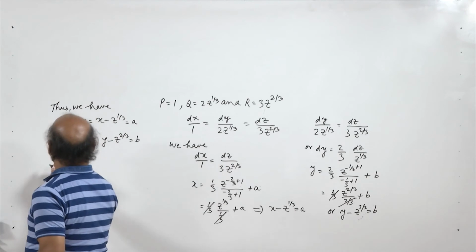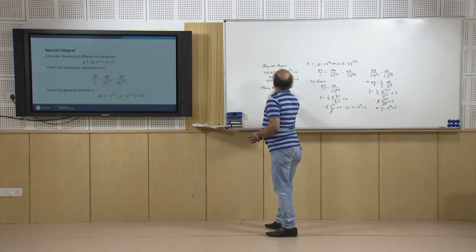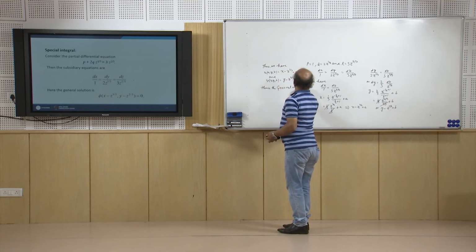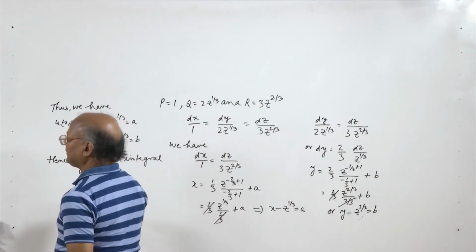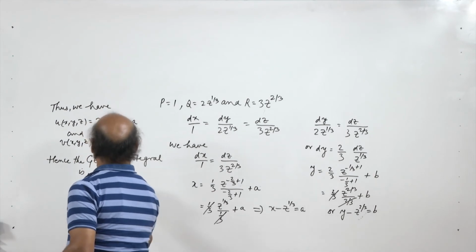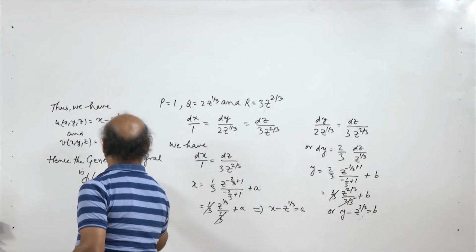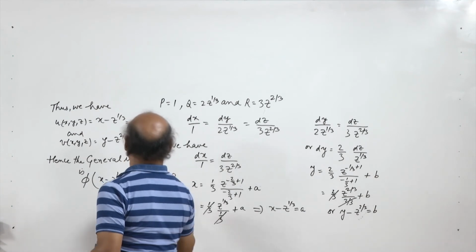So hence the general integral is given by some arbitrary function phi(u, v) equal to 0, that is, phi of x minus z to the power 1 by 3 and y minus z to the power 2 by 3 equal to 0.